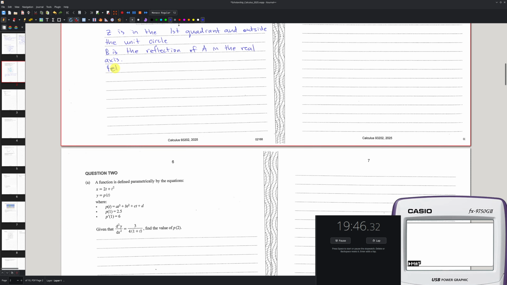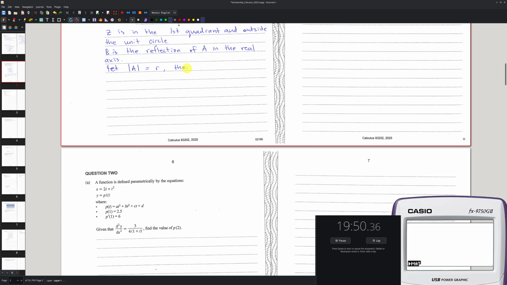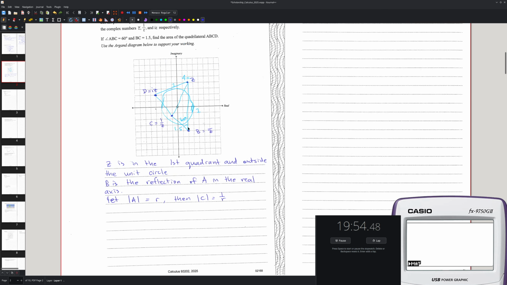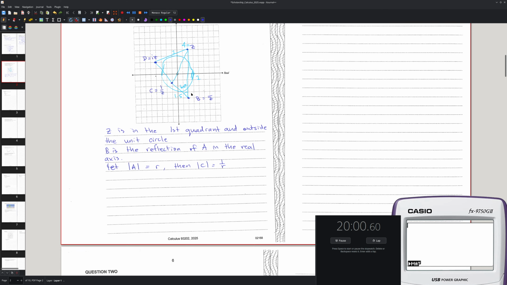Let A equal R, then C equals 1 minus R, right? And D we can think about later. Basically if we find this length R and this angle theta, then we're done. So this length is 1 over R.